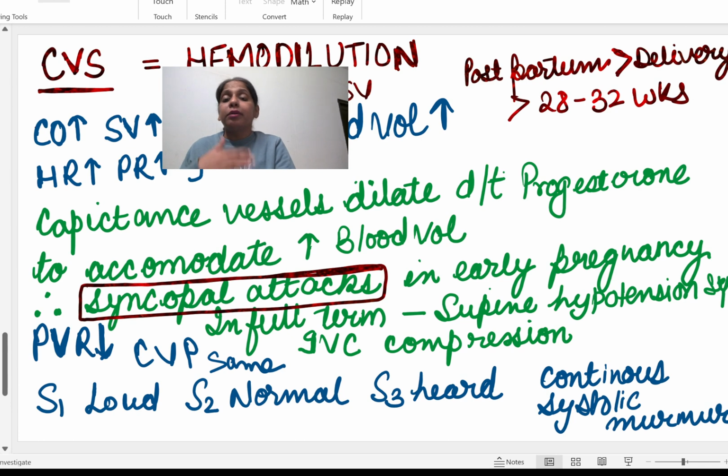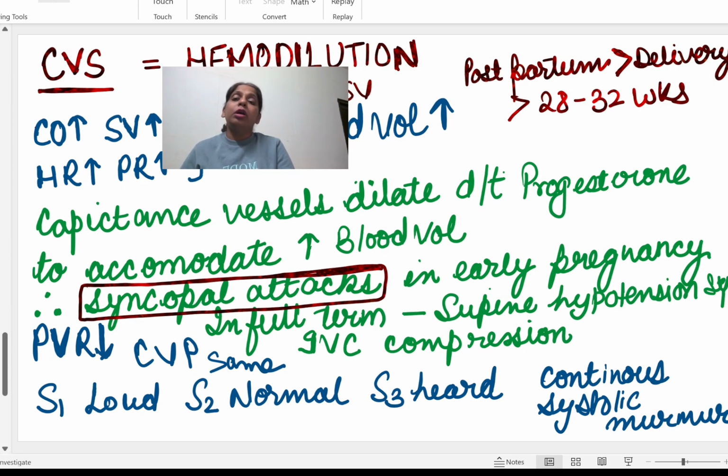Many times the examiner confuses you by writing superior vena cava syndrome. No beta, when a mother is lying down at full term, the fetus gives pressure to the inferior vena cava. Superior vena cava is above the heart, right? So how can a fetus give pressure on the superior vena cava? A fetus cannot.